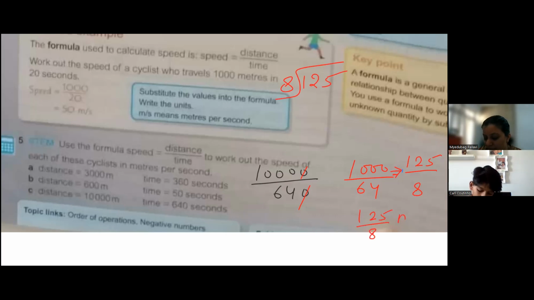So either we can write 125 by 8 meter per second, or you can find it in decimals also. Just see what it comes to in decimals.